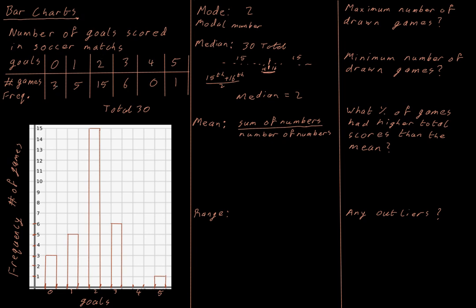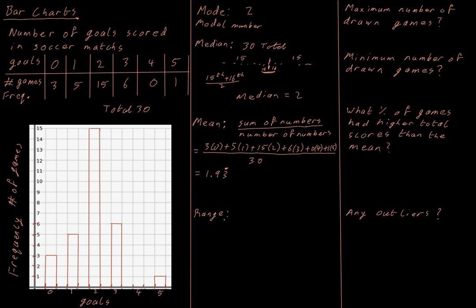But if I know that I have 3 zeros, if I'm adding up all of my numbers, that would mean I have 3 zeros plus 5 ones plus 15 twos, and so on, and then divide by the number of numbers, which we added up our games for, which is 30. And when we put this into our calculator, we get 1.9 and 3 recurring. So this would be 1 and 9 thirds if it was a fraction, in all likelihood. And we can just put a dot over that.